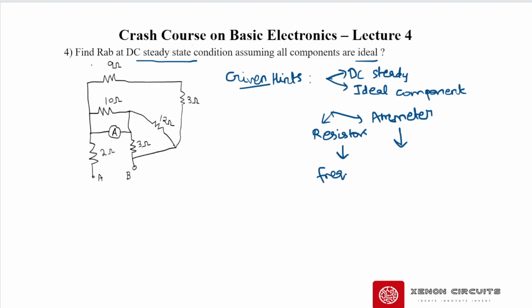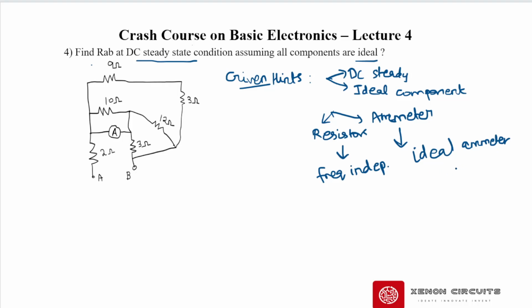An ammeter is also independent of frequency, but the other hint of ideal component works fine for an ammeter, because an ideal ammeter should have zero resistance as it has to measure the current. All the electrons should flow through it, right?